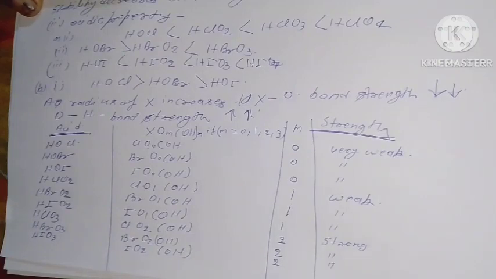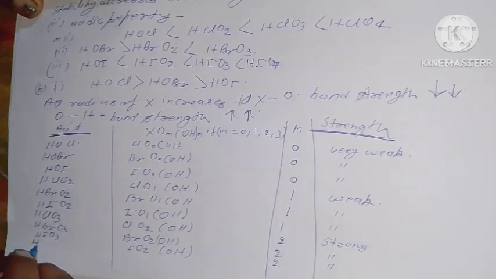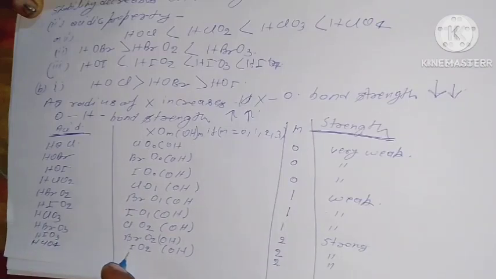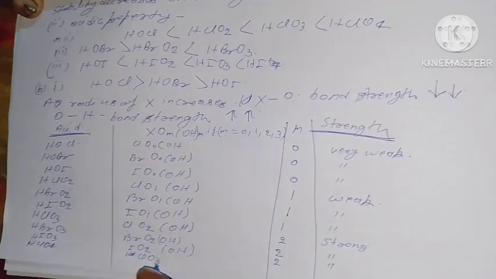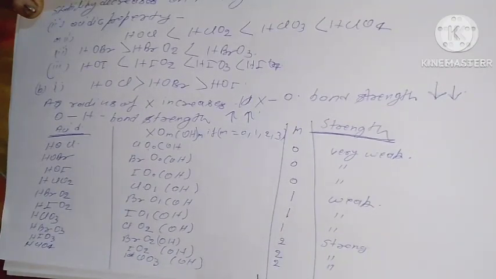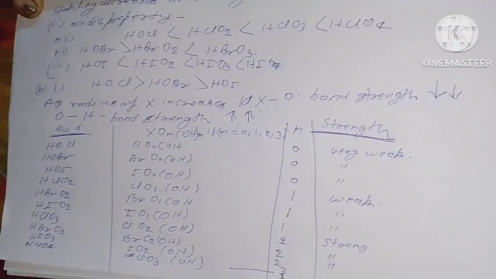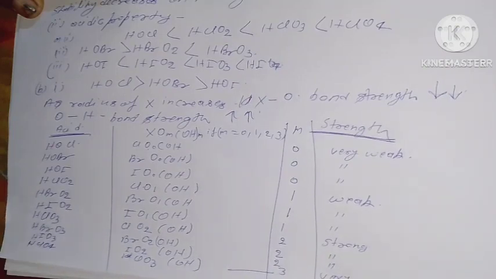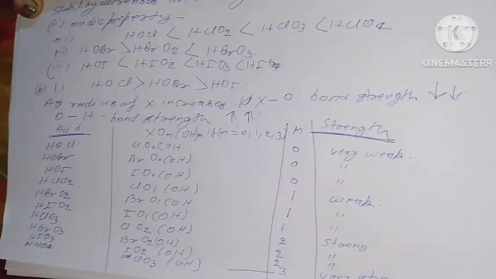Okay, next HClO4, that is ClO3OH. The value of M is 3, that is very strong.